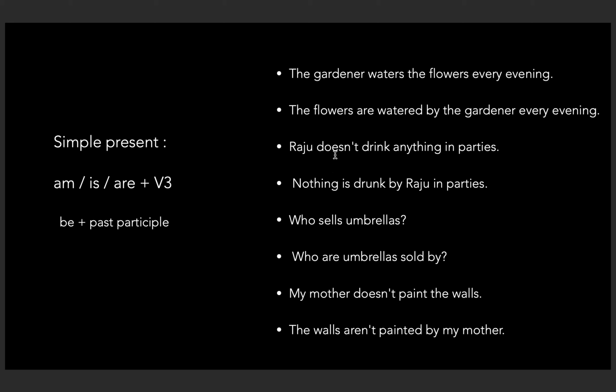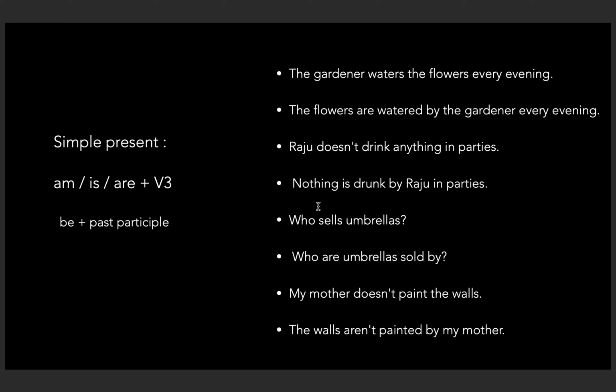But anything is the object in doesn't drink anything, so instead of doesn't, we have to show that anything becomes nothing, and then only the meaning will be intact. So nothing is drunk by Raju in parties. That is the way we need to convert.